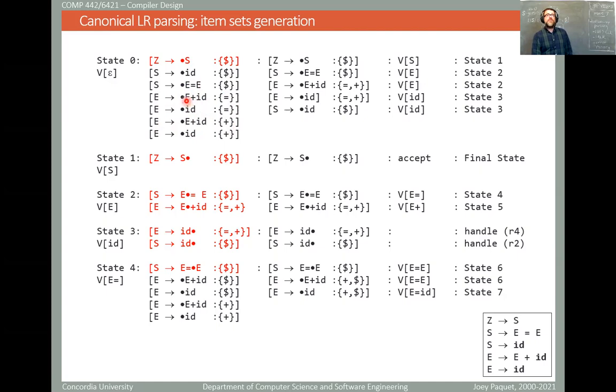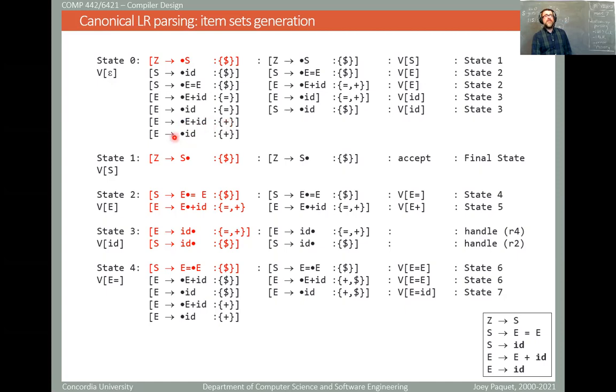Then this E can also be an ID following this rule, and then what would follow this ID is plus. Then I could say, well, I'm going to still replace this E by E plus ID. Then that would actually be dot E plus ID followed by plus, which I already have.